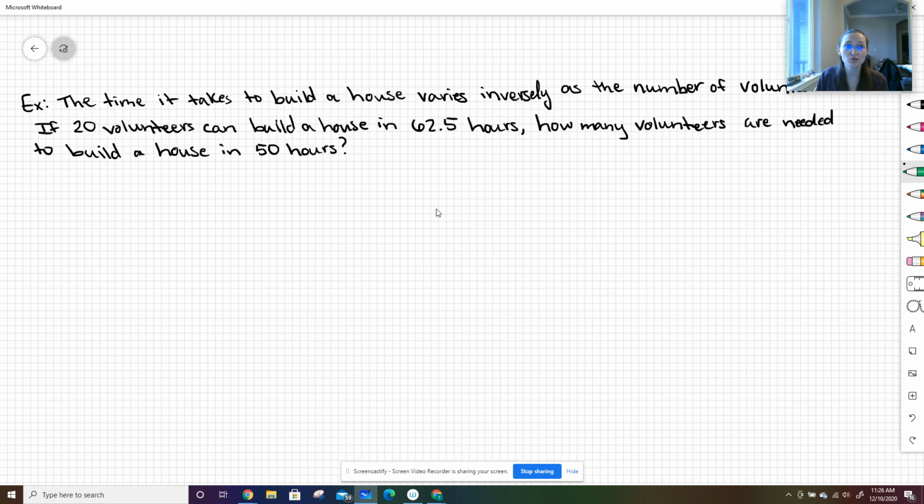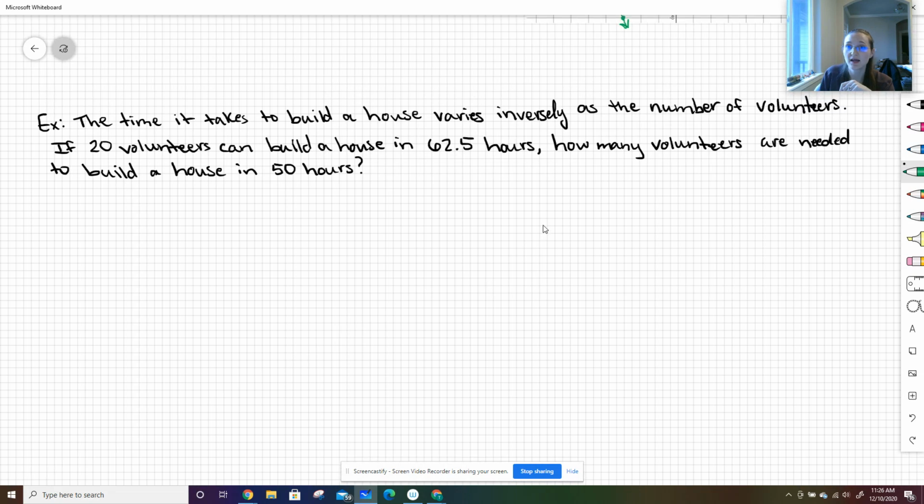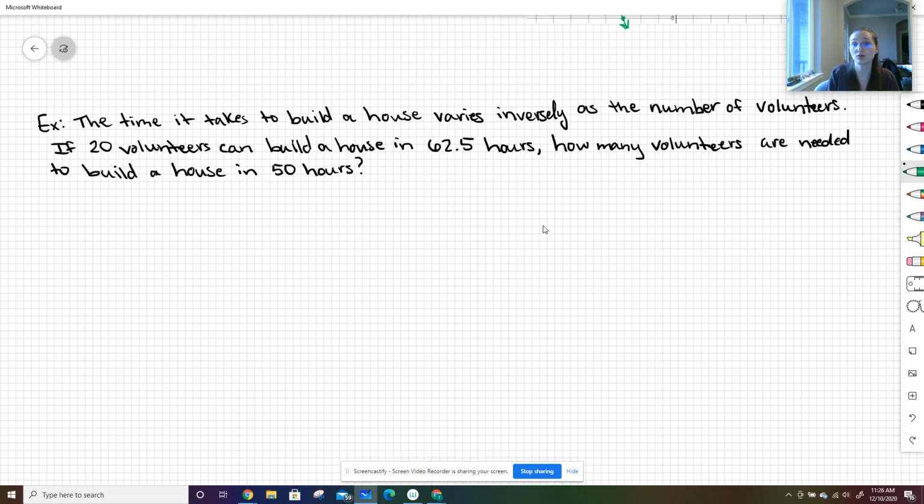Let's go over an application real quick though. The time it takes to build a house varies inversely as the number of volunteers. So, a couple things. Varies inversely means we're working with y equals k over x.